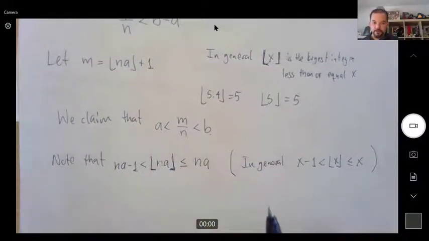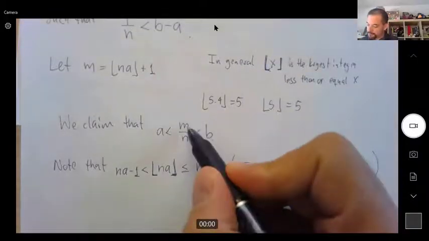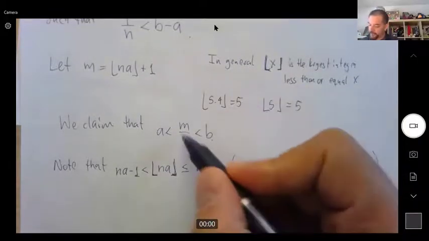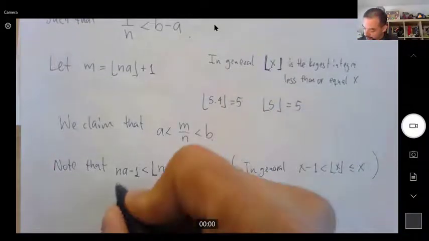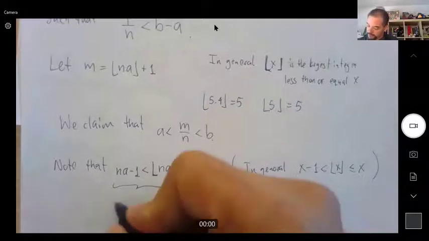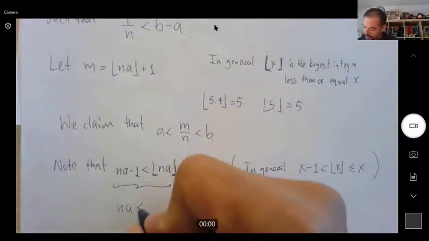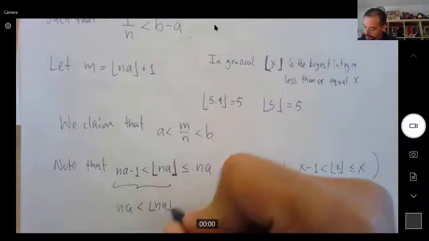So the first inequality we want to establish is that m is bigger than na, and that's easy because it's this one over here. Look at this inequality: if I add 1, it says that na is smaller than the floor of na plus 1.